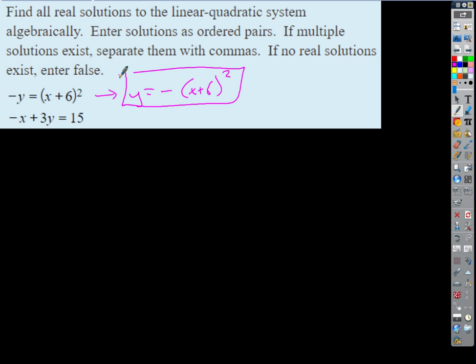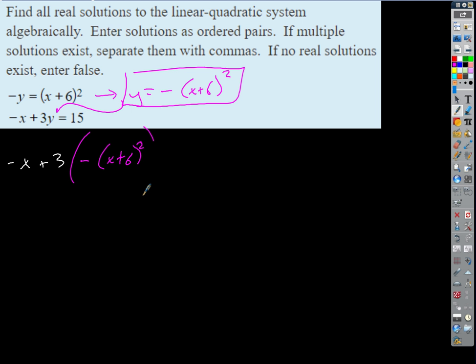So if I make my substitution into the bottom equation, what's going to happen? I'm going to get negative x plus 3 times all this stuff, right? I'm going to get 3 times negative x plus 6 squared.